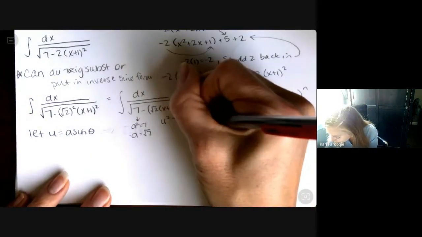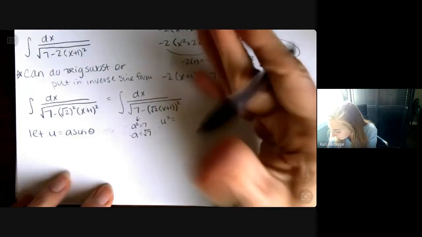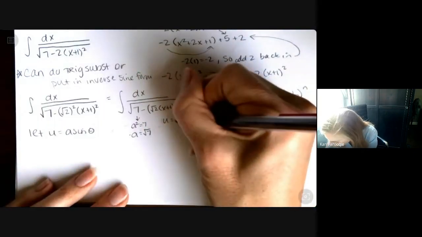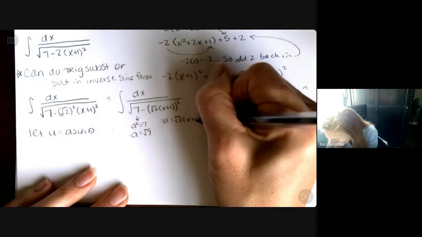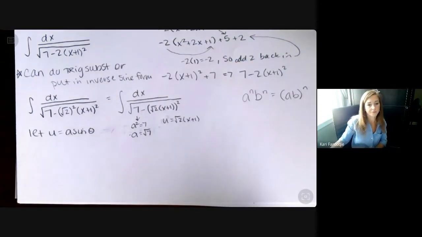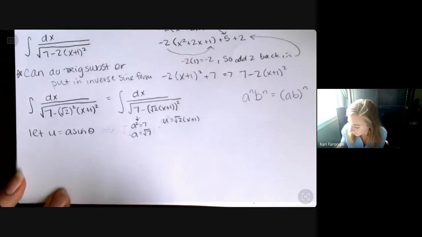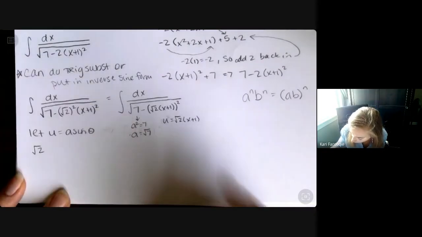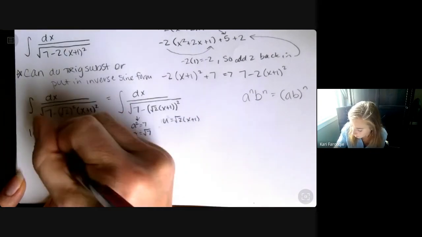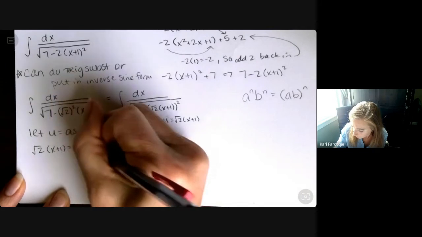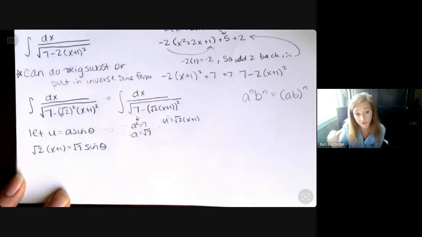If u squared is, well, we already have it written squared, then u is going to be the square root of 2 times x plus 1. All right, so u equals a sine theta. So we have the square root of 2 times x plus 1 equals a, which is the square root of 7, times the sine of theta.